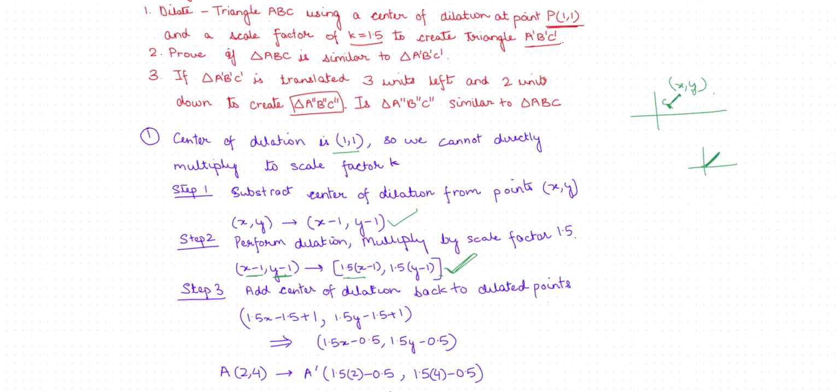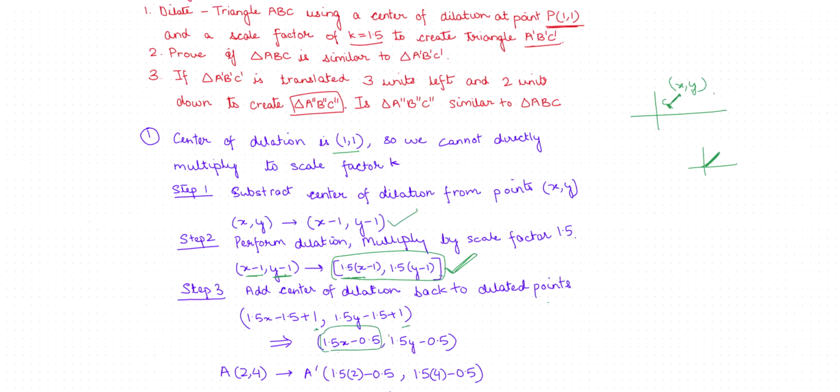So these are the points we got after dilation. Now we'll add the center of dilation again, which was 1 and 1. So this point we got, we add 1, 1 again. So we see that we got 1.5x minus 0.5 and 1.5y minus 0.5.